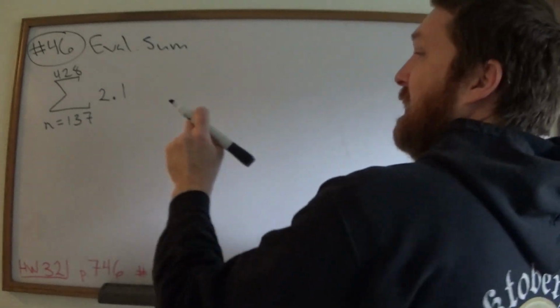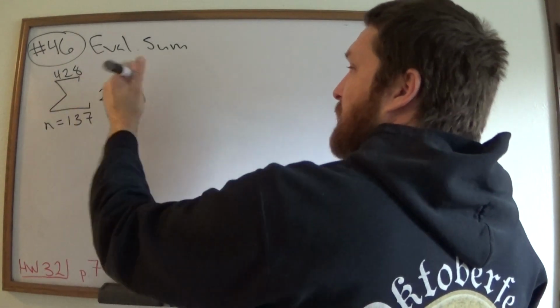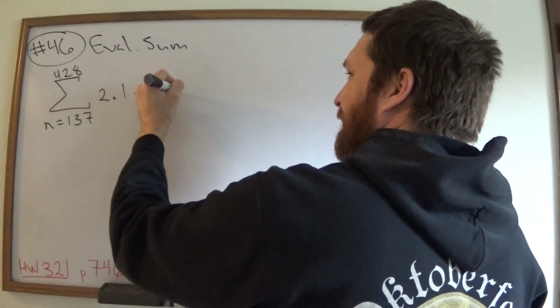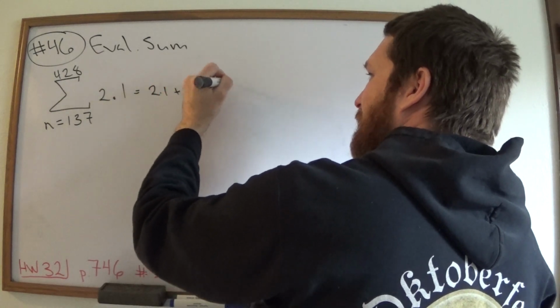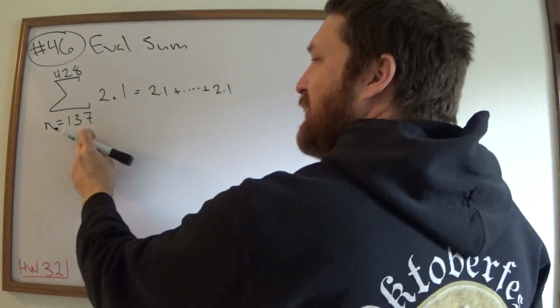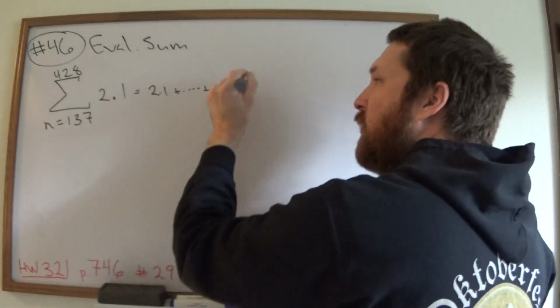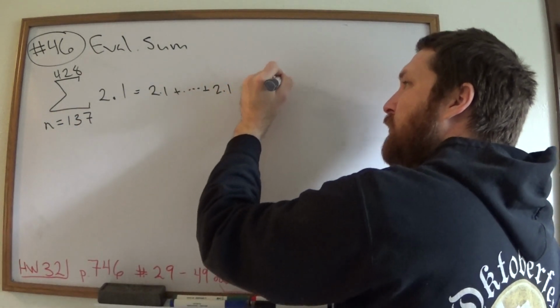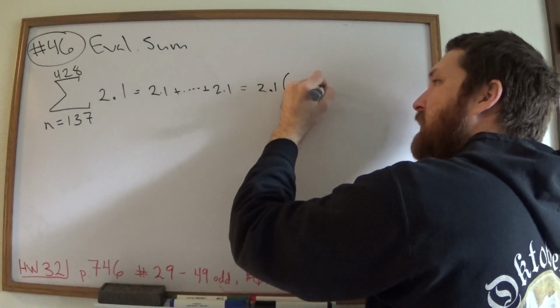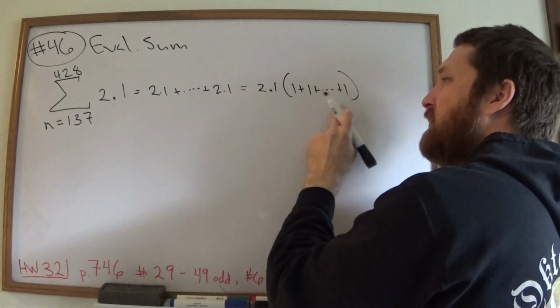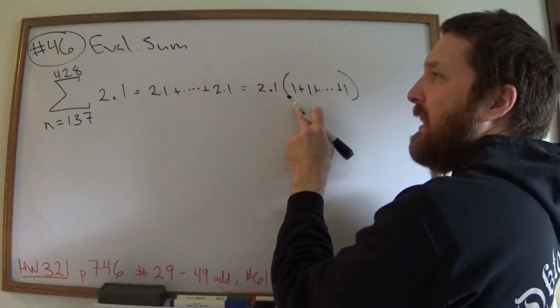Okay, so we know that it's, I'm going to do it the hard way. 2.1 plus 2.1 plus 2.1 for each one of these, right? Starting at 137 up to 428. So then the question is, I'm going to factor out a 2.1, and we have a 1 plus 1 plus and so on. Now we just need to figure out how many 1s we have.